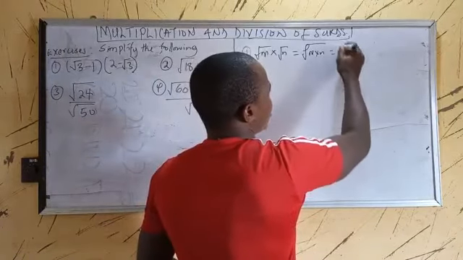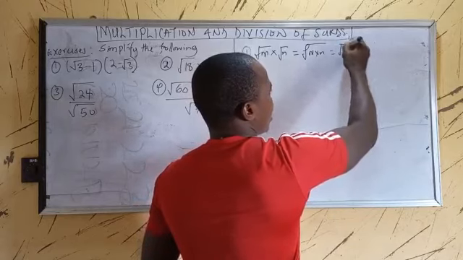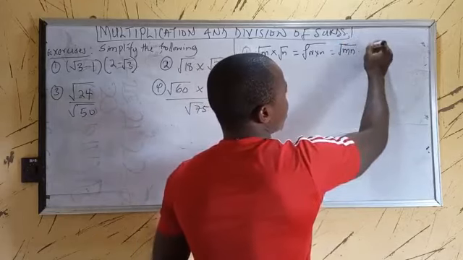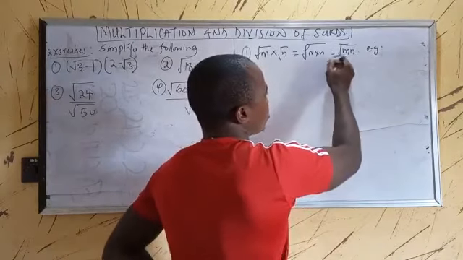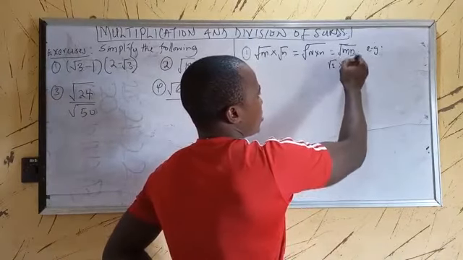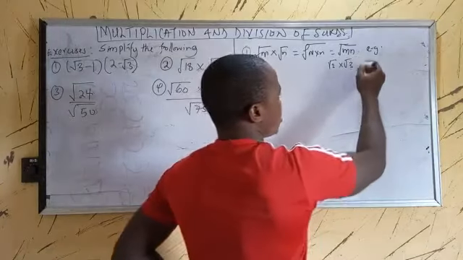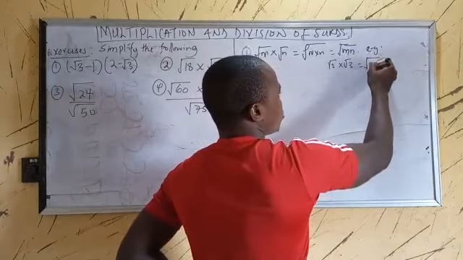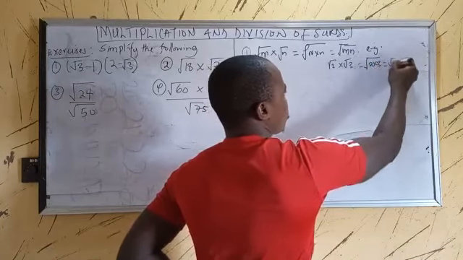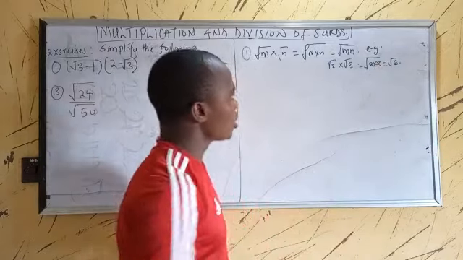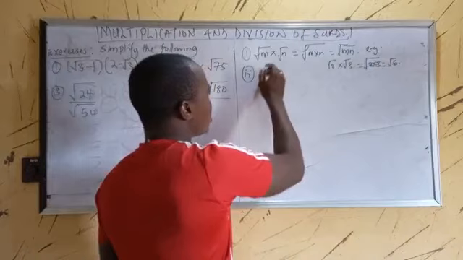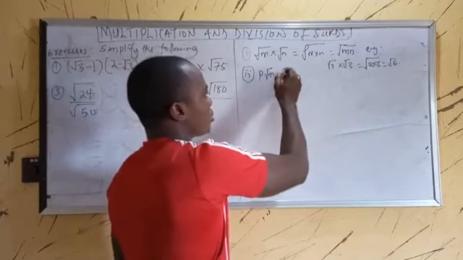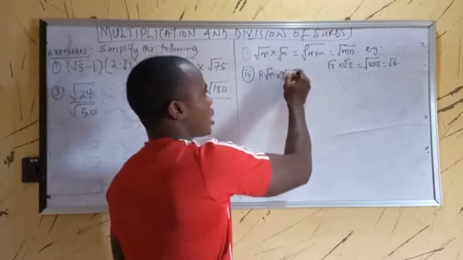So this will give us root mn. For example, let's say we have root 2 multiplied by root 3. This will be root 2 times 3, which will give us root 6.